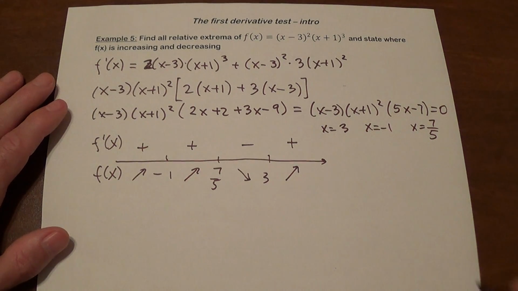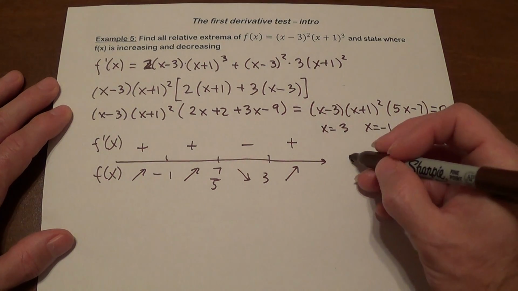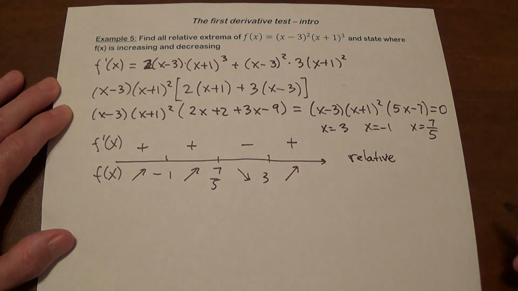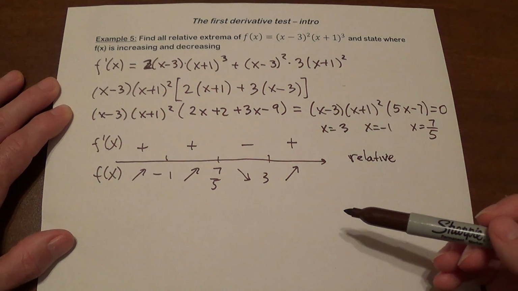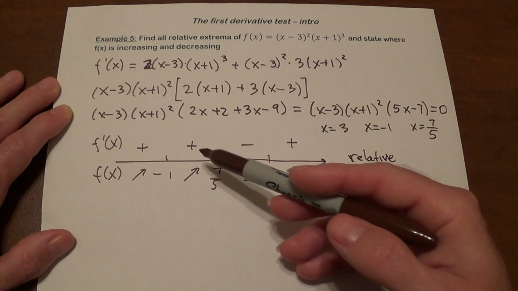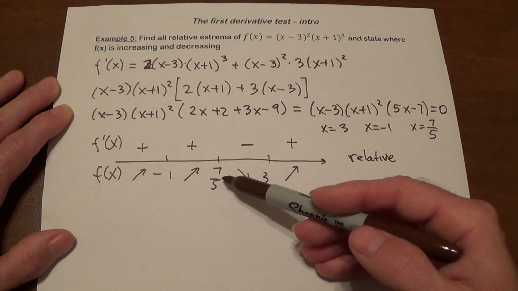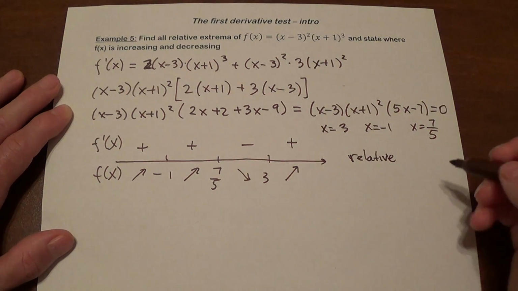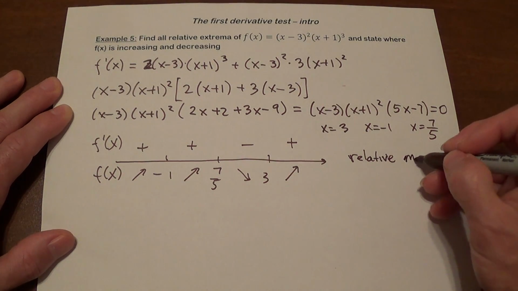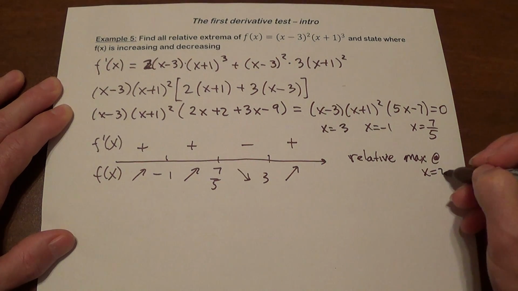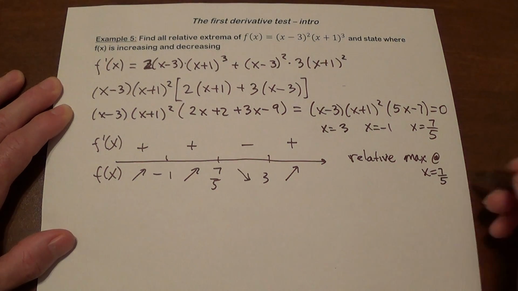So let's do that. We have a relative maximum where our derivative must change from plus to minus. It happens right here. Our first derivative changes from plus to minus. We have a relative max at x equals 7/5.